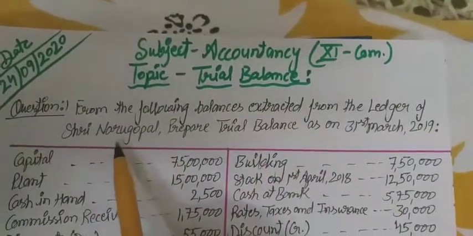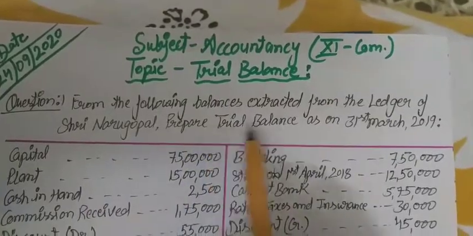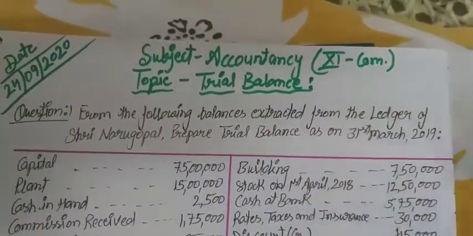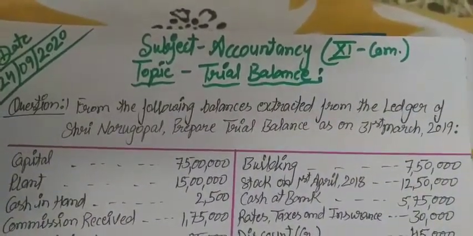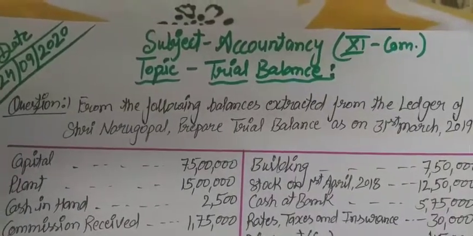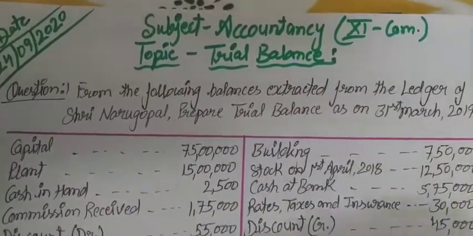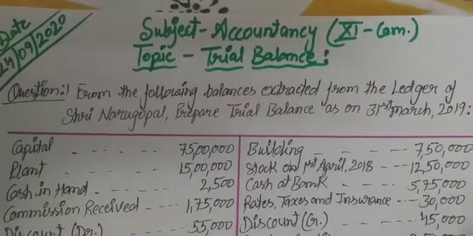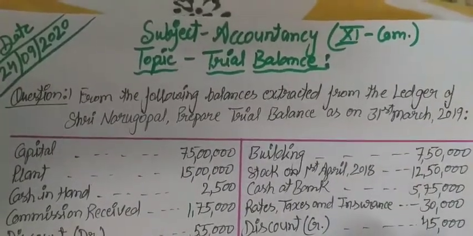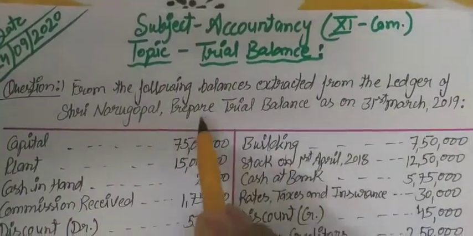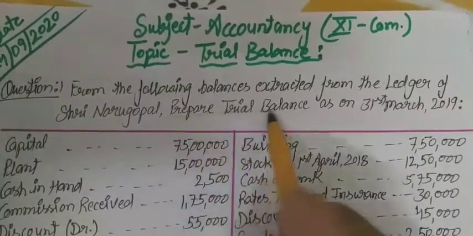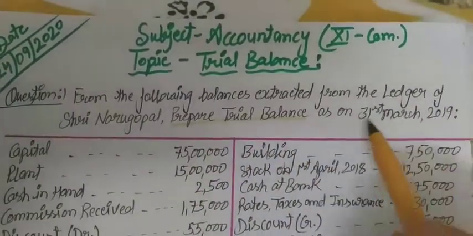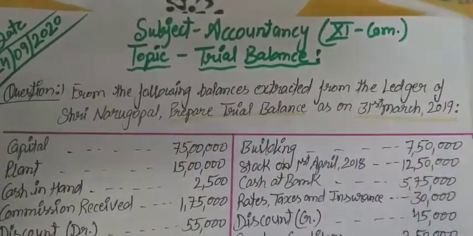Sri Narugopal prepared his ledger, and from those ledgers he took balances in a particular format. After these balances we are required to prepare the trial balance as on 31st March 2019.